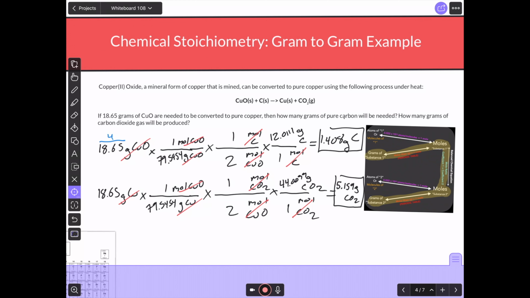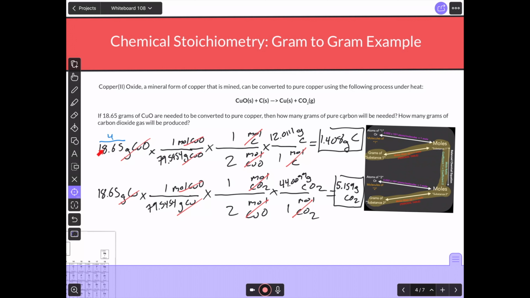Now I know exactly how many grams to weigh out for carbon. Again, given the actual grams of copper oxide. This is the actual realistic scenario that you would be doing in a lab, right? Because you're actually going to weigh out your copper oxide. You would have obtained this many grams of copper oxide, and you would most likely just use this equation right here to go straight from copper oxide in grams all the way to grams of carbon in one simple step, right?